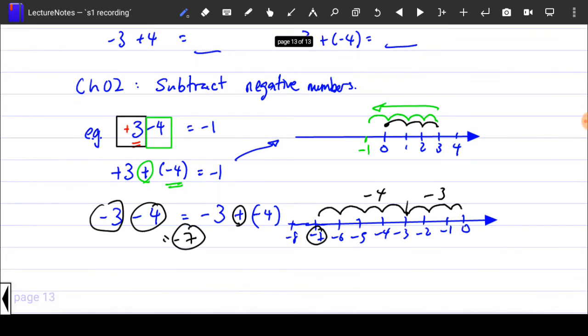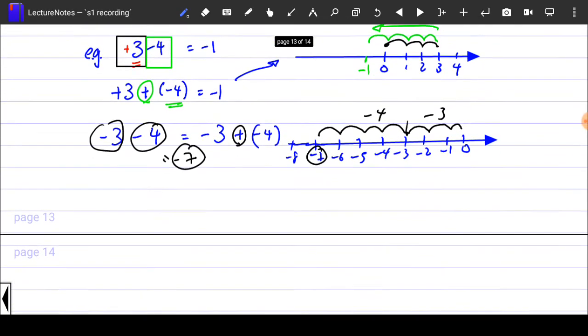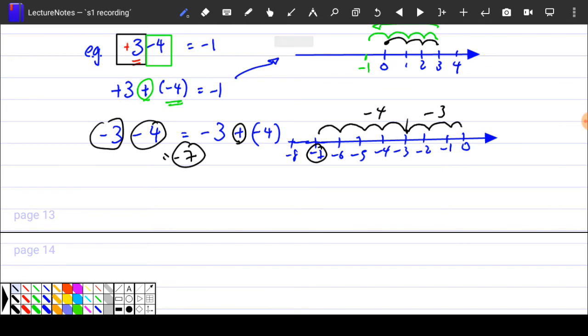Now, the only time when it becomes complicated is when I have subtracting negative numbers instead of adding a negative number. So what do I mean by that? Now this is a negative number, and what I'm trying to do is add them. So this is understood from the previous video.